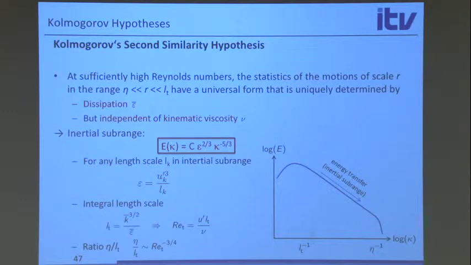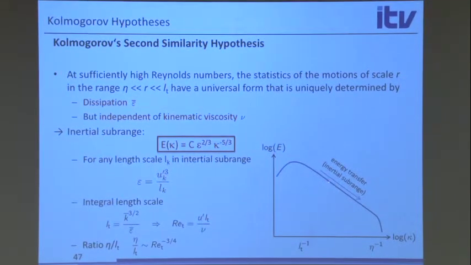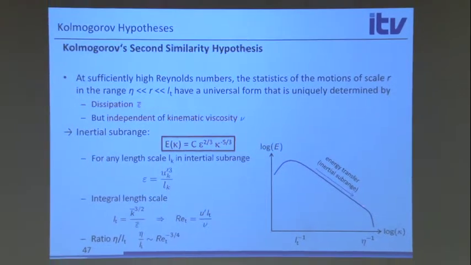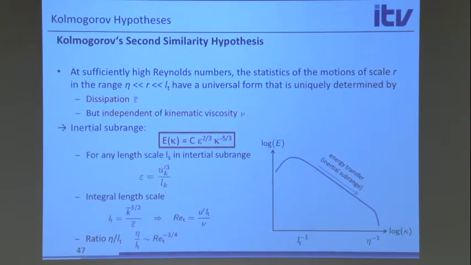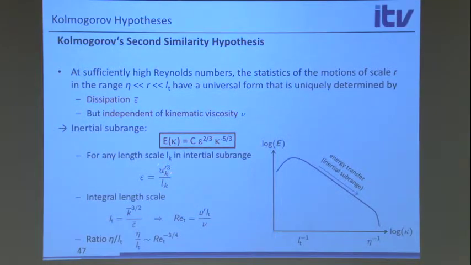That's it. So I can say, by dimensional arguments, epsilon is equal to u prime cubed divided by L, and that relation should hold for each size in the inertial subrange. So it gives you a relation between the kinetic energy of an eddy and its size, and that only depends on epsilon.